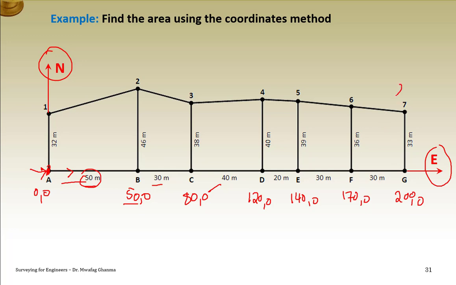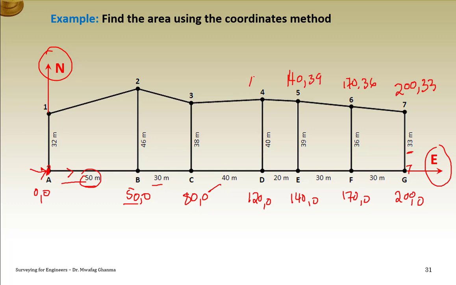Then you go up to point 7. We have 200, because this is perpendicular here, so point G and point 7 are on the same x coordinate. So this is 200, but now we have elevation, like we have northing, so this is 33. The same thing at F and 6, they are on the same x-axis, so this is 170 and 36. Then you have 140 and 39.